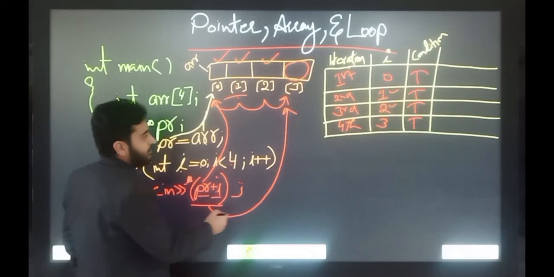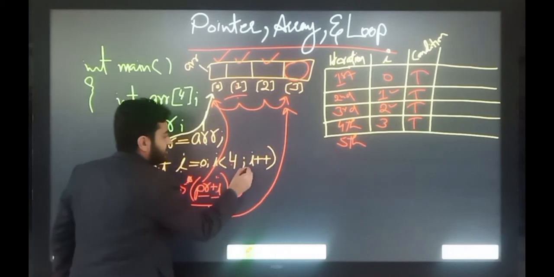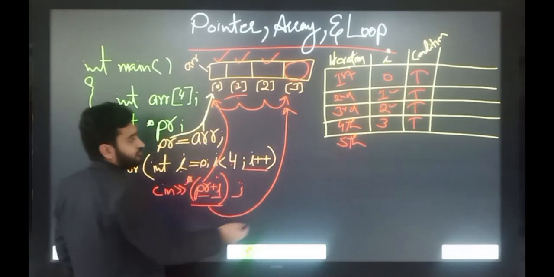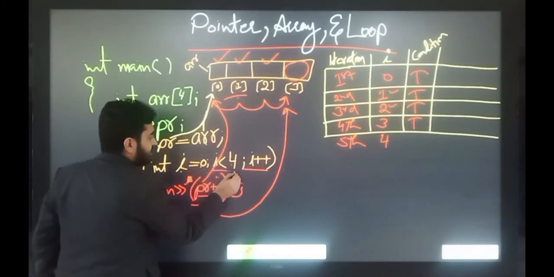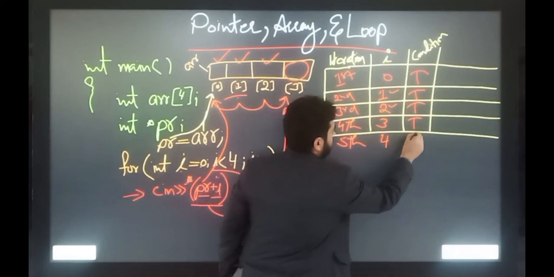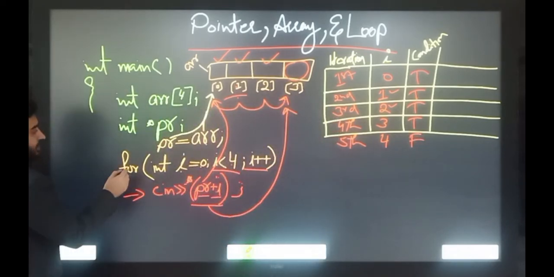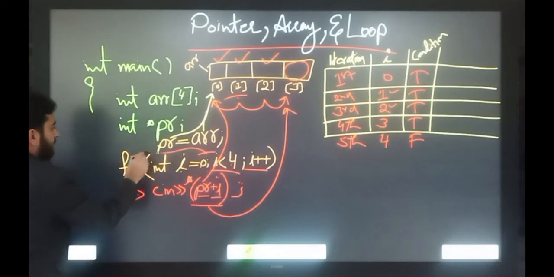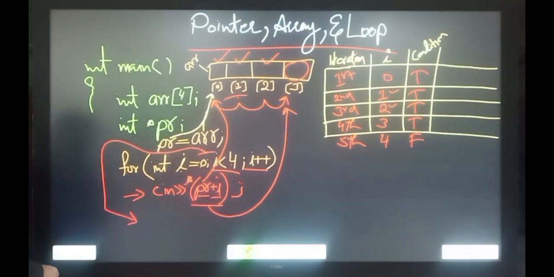So in the fifth iteration, I will become 4, and 4 will be checked in the condition. So is 4 less than 4? No, this statement will become false, and the execution will jump out of the body of the for loop.